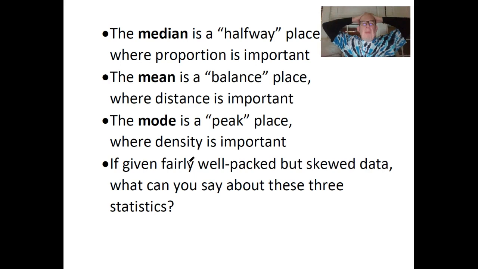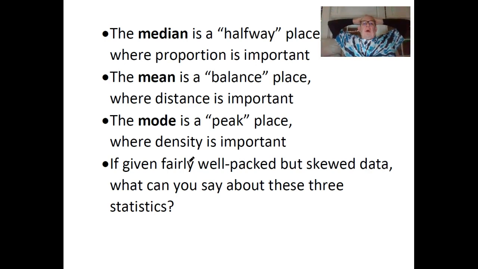That gives you a balancing point of the data, and it takes into account skewness, and what's important is distance there. And then there's the mode, which is the place where the data peaks. Where your density is important, meaning where the grades are all packed together.